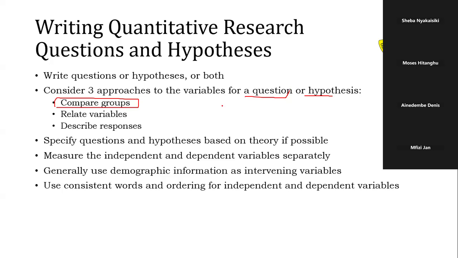And then in that way, as I'm comparing the groups, I set the hypothesis for each. So for example, I may make a prediction based on a theory that, sorry, let me just show you as a sample.